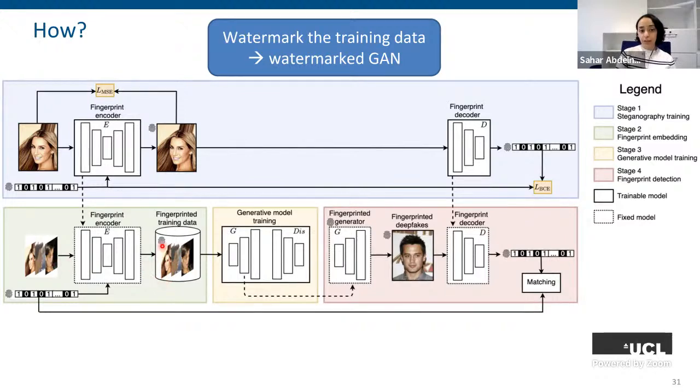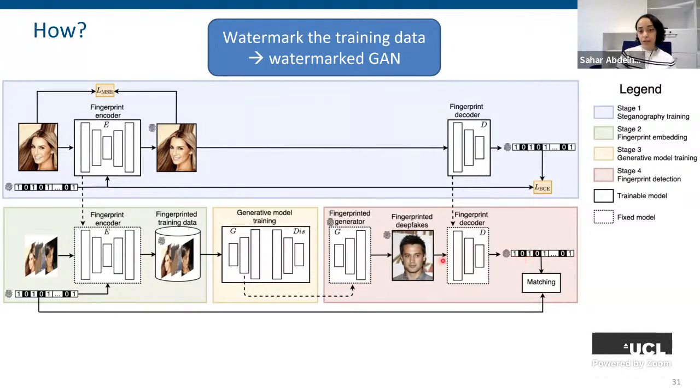Then we can use this training data to train the GAN model without making any changes, without assuming that we know the exact architecture of the GAN or any details about it. And the surprising discovery is that if we use this GAN model as it is, we can actually detect the watermark from the generation.